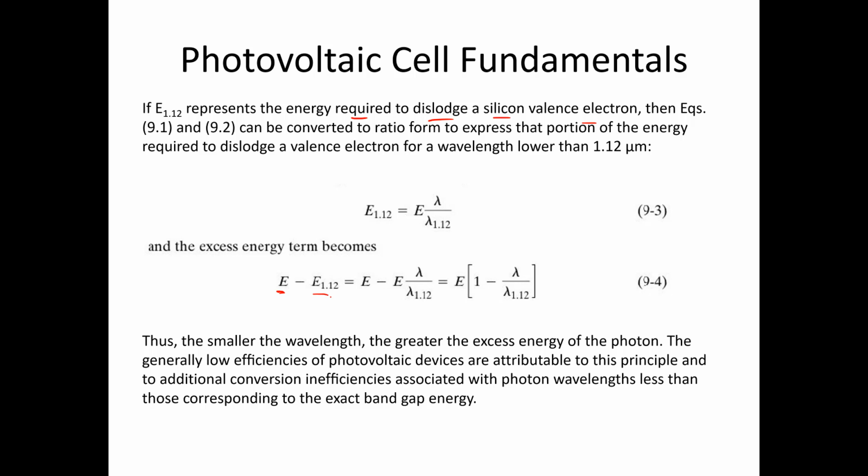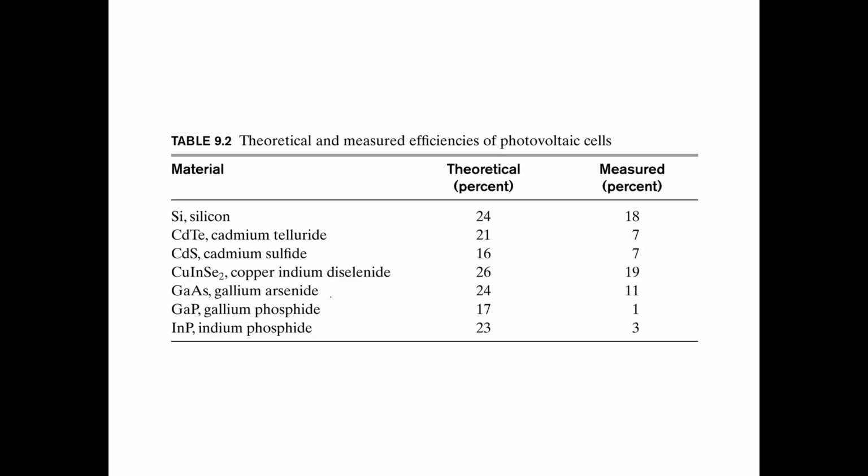The generally low efficiencies of photovoltaic devices are attributable to this principle and, of course, to additional conversion efficiencies associated with photon wavelengths less than those corresponding to the band gap energy. This graph gives you an idea of the theoretical and measured efficiencies of photovoltaics for the different materials.